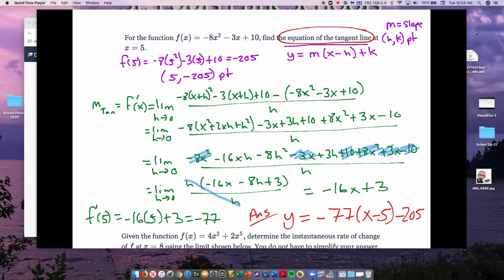And I just used this idea up here with the equation of the tangent line. I used this point, and now I used this slope, and I wrote the equation of the tangent line, and that would be my answer.